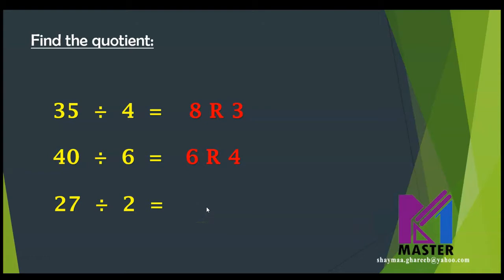The remainder will be 1, because 2 times 13 equals 26. And the difference between the 26 and the 27 is 1, which is the remainder. Okay, now we revised how we find the quotient within the times table and if there is a remainder.